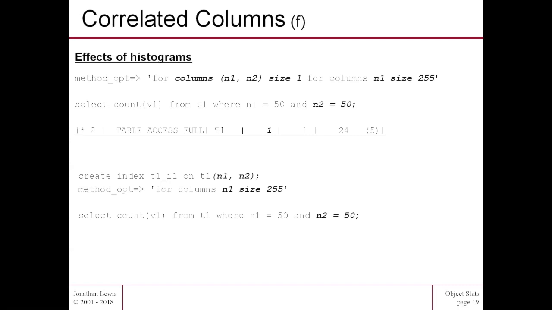We put in a method opt which says, just give me a histogram on one of those two columns, right? And when we do our select count of star there, for a value which Oracle should be able to handle nicely, Oracle says, you've got a histogram, I can't use distinct keys. Histograms have a massive override effect on other statistics.